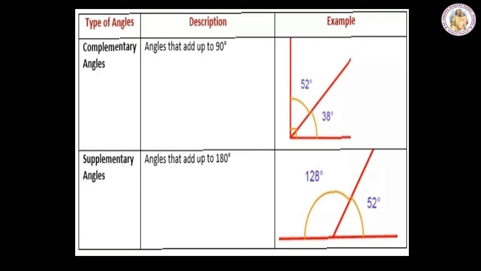Next one, supplementary angles. Angles that add up to 180 degree. That is 128 degree plus 52 degree. We will get 180 degree. That is called supplementary angles.